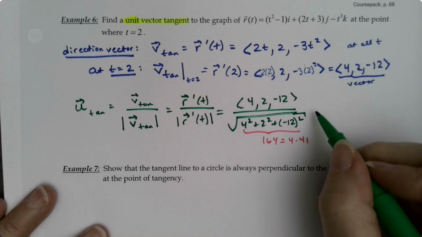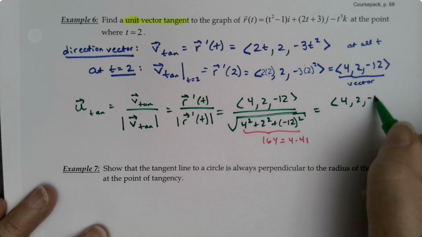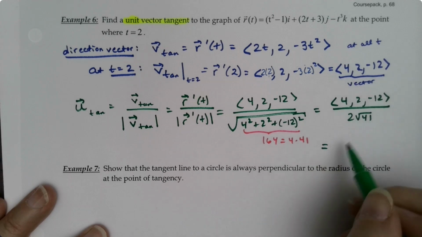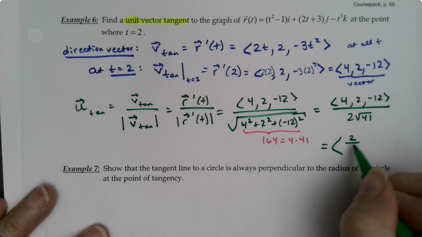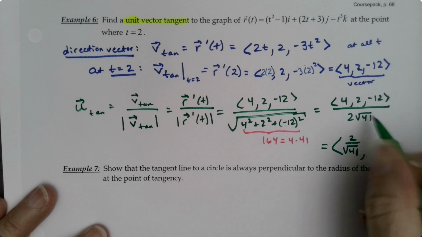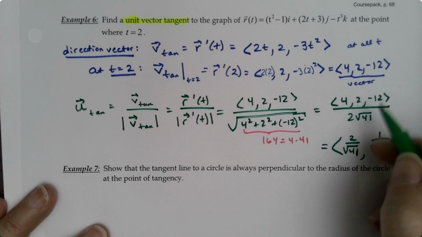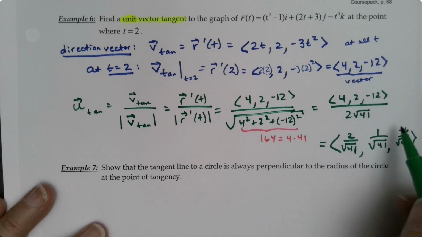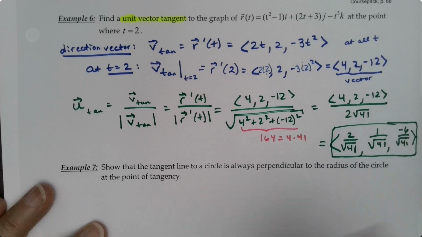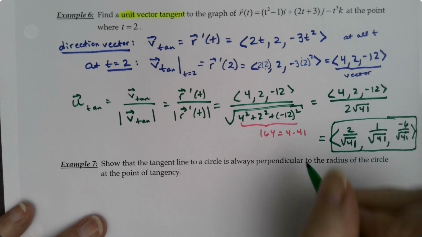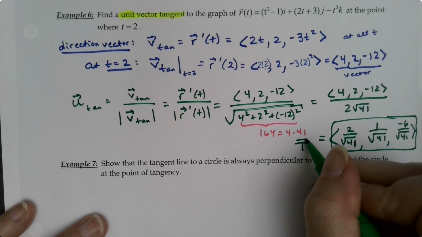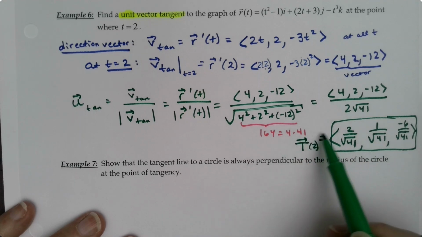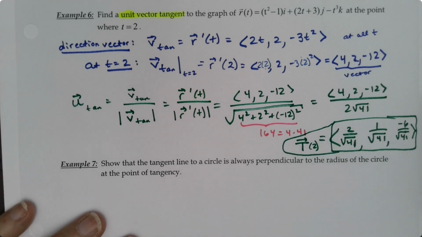So this is really 4, 2, negative 12 divided by 2 square root of 41. Now if I cancel, 2 goes into 4 twice, 2 goes into 2 once, and 2 goes into 12 six times. And there we have it. The abbreviation for this is capital T with a vector and then a little 2. So we found the unit tangent vector at 2.